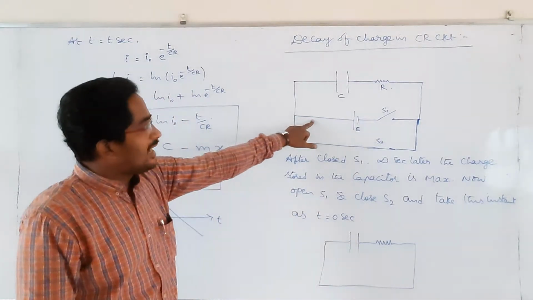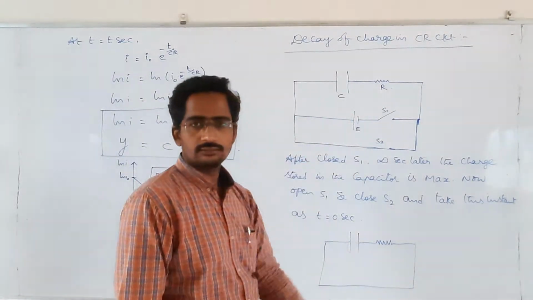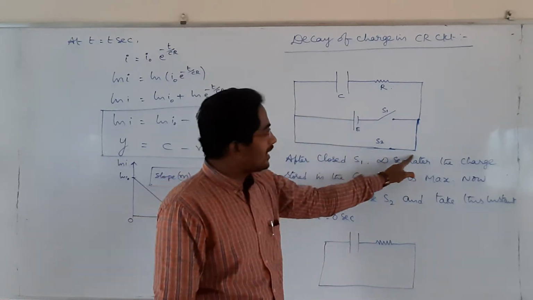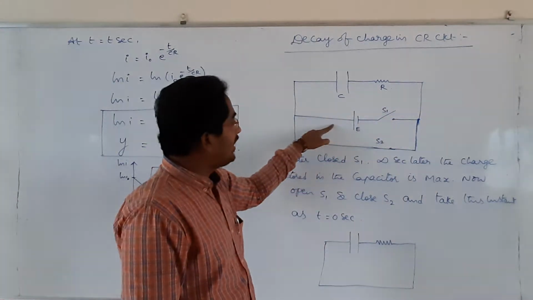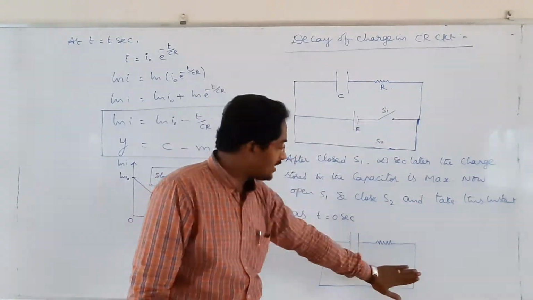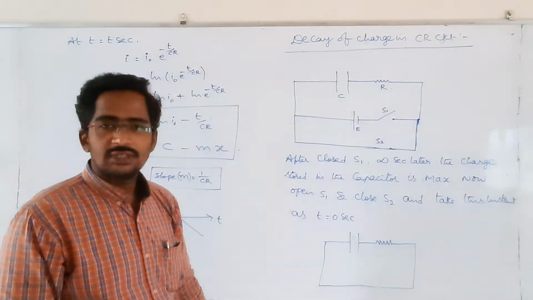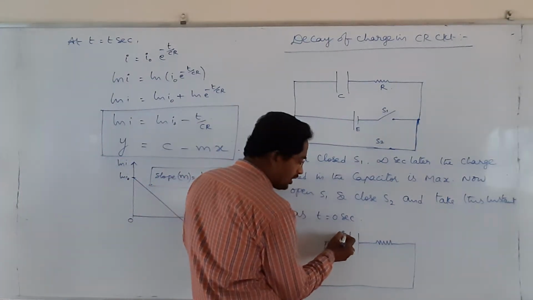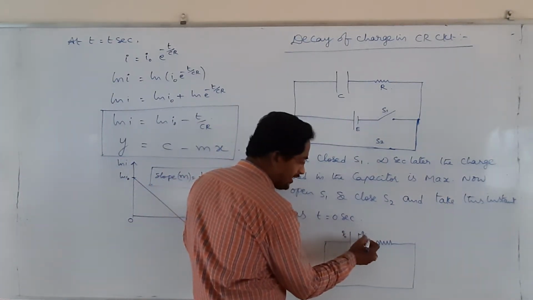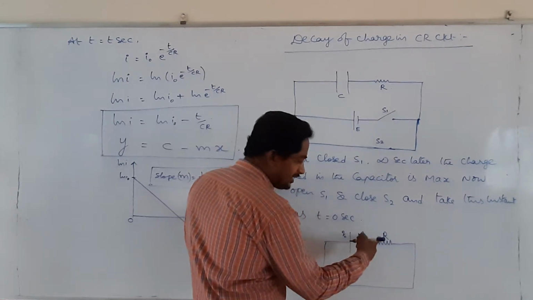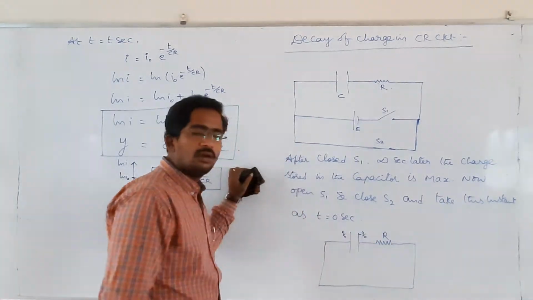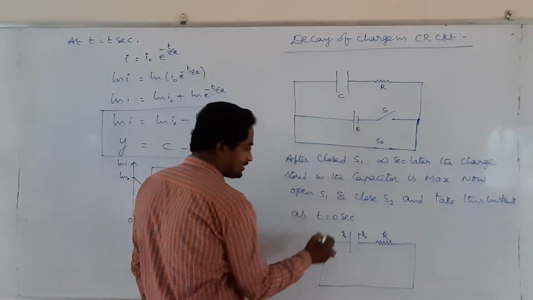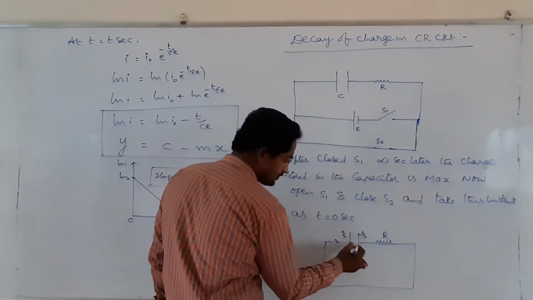This middle branch has to be removed. Only this final branch is connected here. Here there is no flow of current, no power source, so it has been removed. Here the charge value is Q0 at this instant, and now it is discharging. So the current which was flowing in the circuit flows like this.